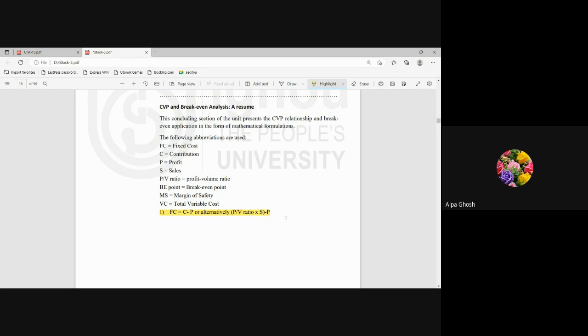So it depends upon the question which type of information is available, whether you have been provided with PV ratio, sales, profit, contribution. According to the need of the question, we have to apply the formula for fixed cost. Basically, in general terms, fixed cost is contribution minus profit.